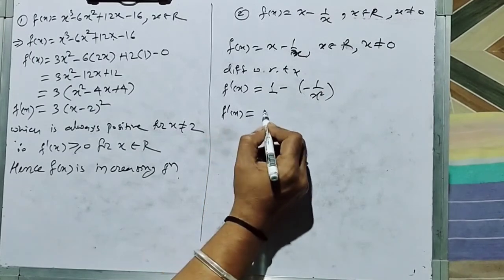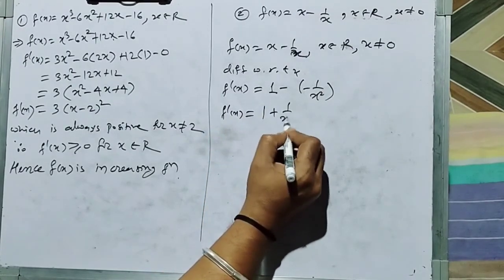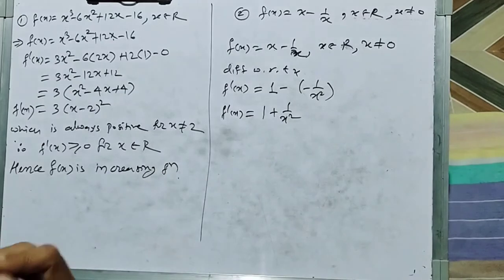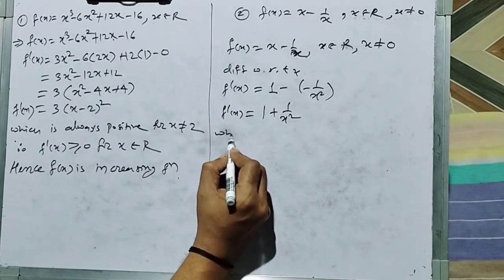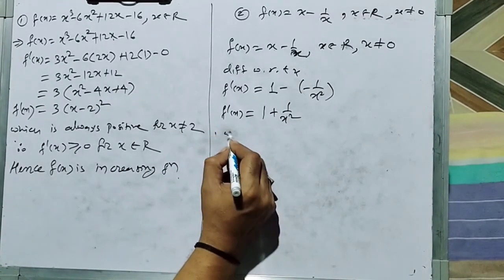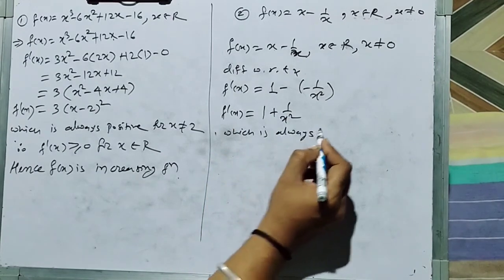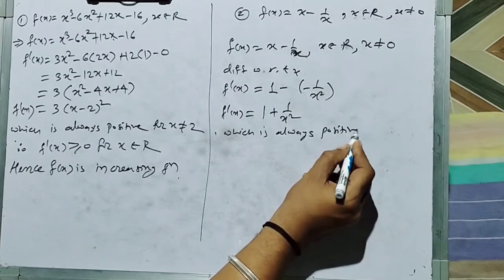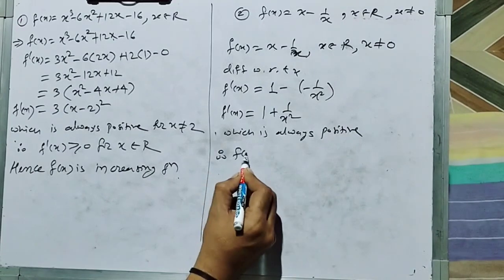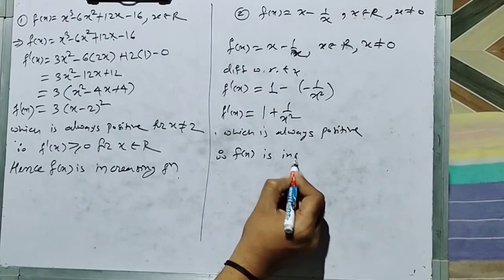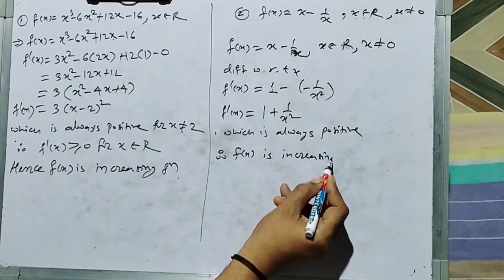So f dash of x is equal to 1 minus minus, plus 1 divided by x square, and this value is always positive. So therefore f of x is an increasing function.